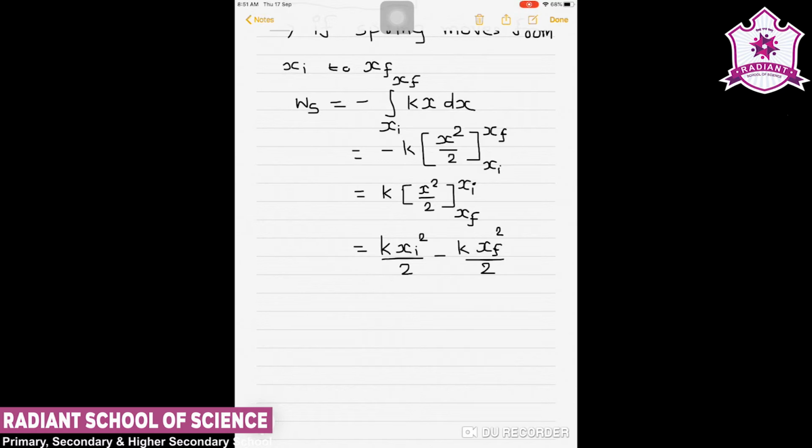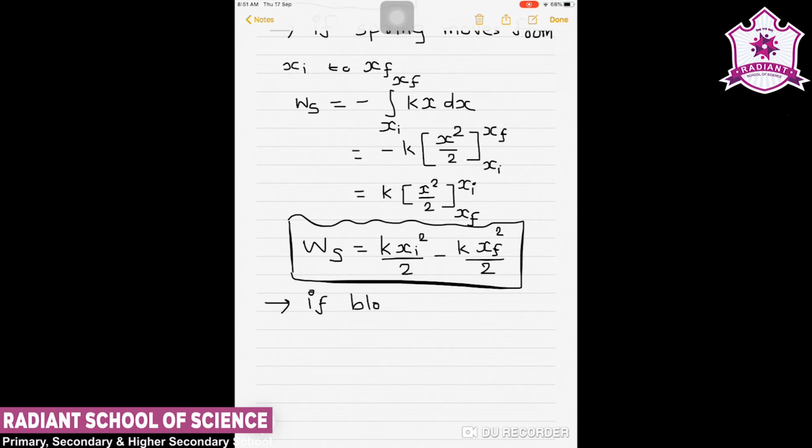Specifically, if the block is pulled from xi and allowed to return to xi, that means it goes somewhere in between, but then the work done is minus the integral of kx dx from xi to xi.